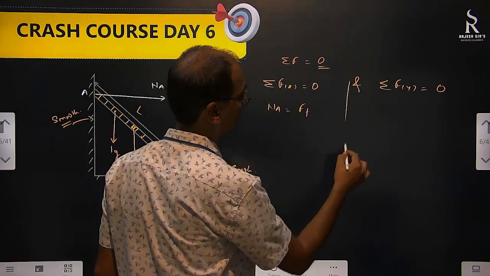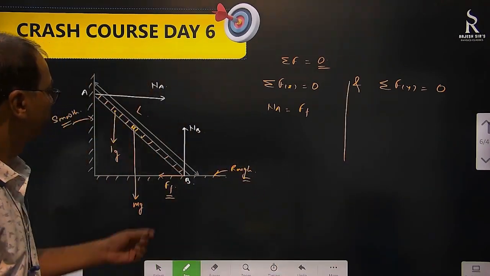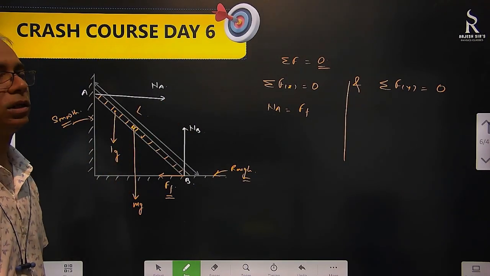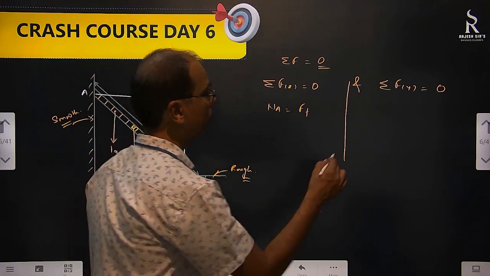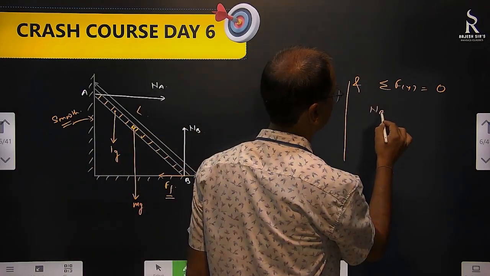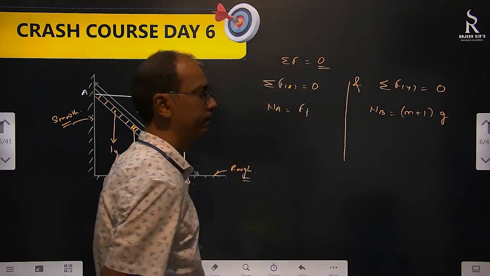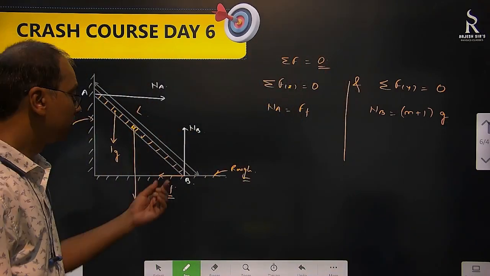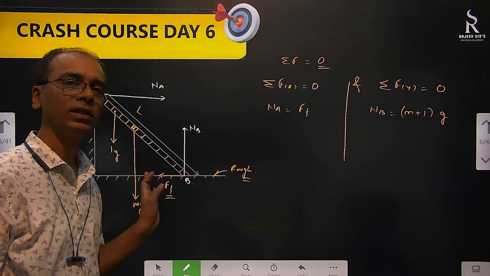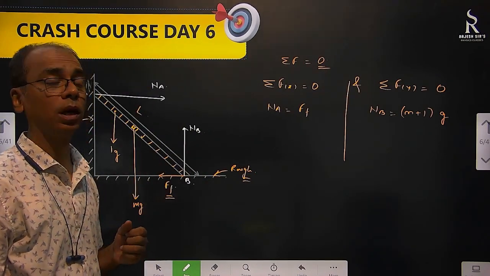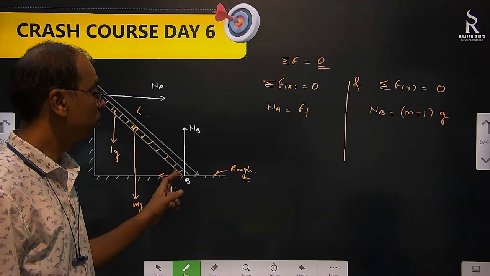Fy, let's see. Fy, what is there? NB is acting upwards, 1G and mg are both acting downwards. So we'll say NB equal to (m plus 1)g. Now friction force, what will we take? If it started sliding, no. We have to stop it. Okay, and we have to write, this should not slide at all.